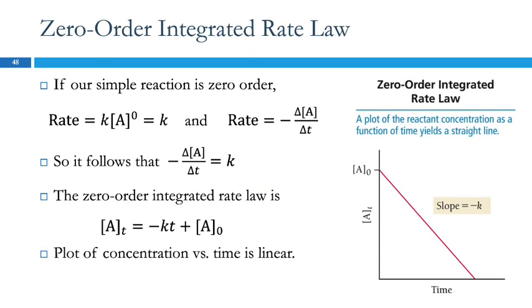And the 0 order integrated rate law. 0 order rate equals the rate constant times the concentration to the 0 power, which is just k. And so you go through the calculus and you end up with this. The concentration at time t is equal to negative rate constant times t plus the original concentration. The plot of the concentration versus time is linear.